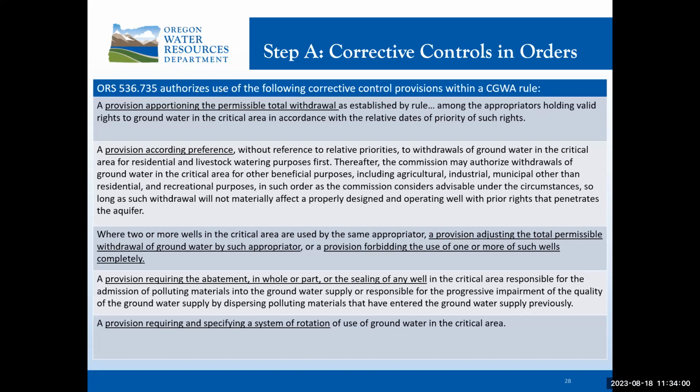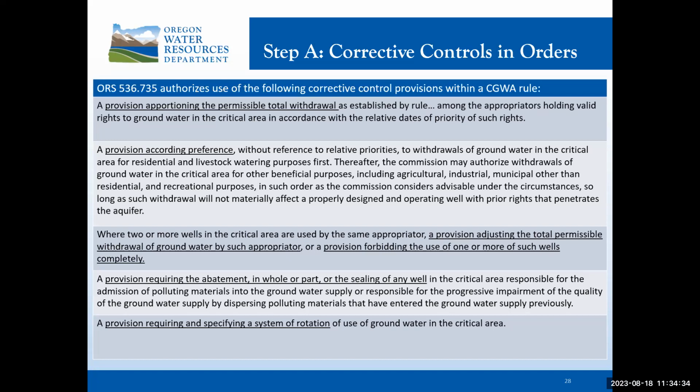But this allows the commission, through the draft order, to provide preference to livestock watering and residential uses first, without regard to the system of prior appropriation. And so this essentially allows the commission to decide that livestock and residential uses, human uses, are more important than other uses, and therefore they can accord preference in water use to those specific items.